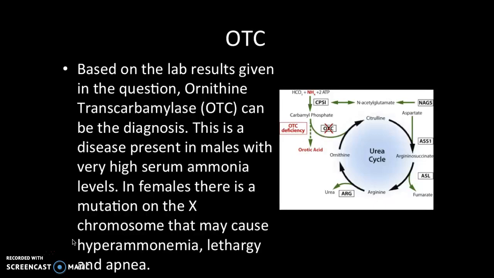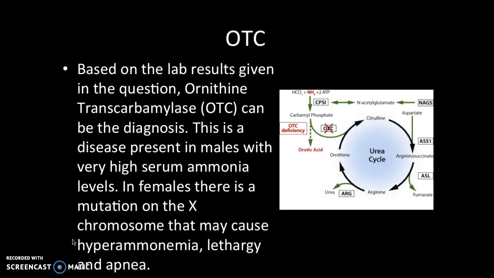So the second part to this question is the discussion of the enzyme OTC. Based on the lab results given in the question, OTC can be the diagnosis. This is a disease present in males with high ammonia levels, and in females, there is a mutation on the X chromosome.